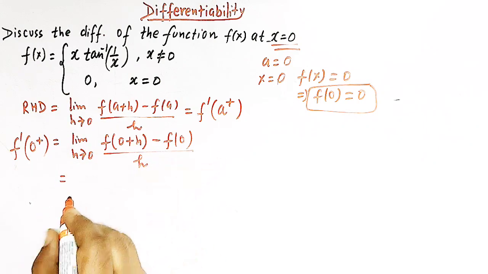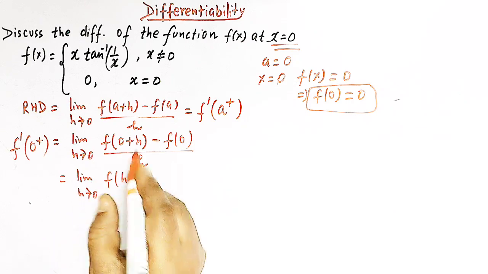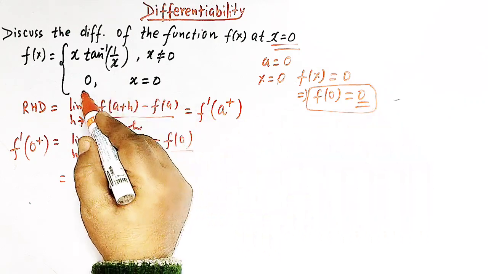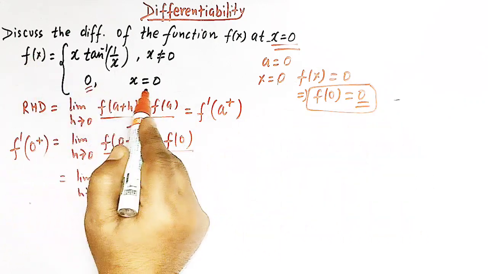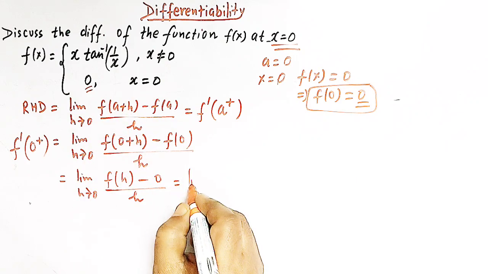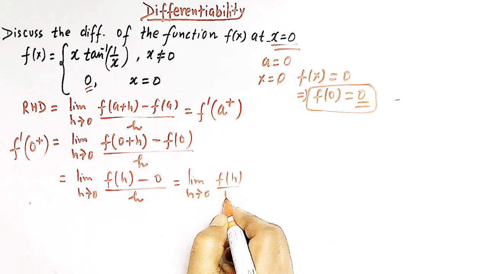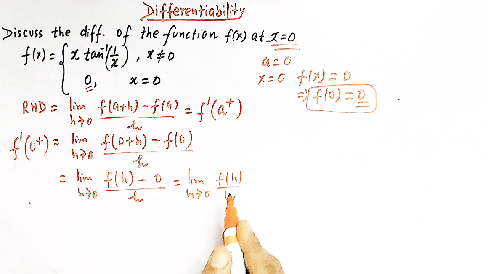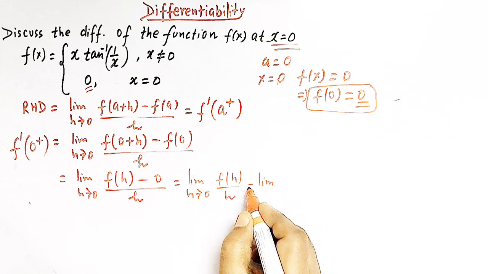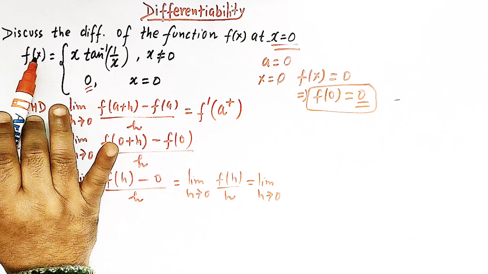So let us evaluate this limit. So we have limit h tends to 0, this is f of h, 0 plus h is h, f of 0 is 0, because here f of x is equal to 0 for x is equal to 0, and here we have h. So now we have limit h tends to 0, f of h over h, right? Okay, now we have to evaluate this limit. So let us find out the value of f of h by replacing x by h.